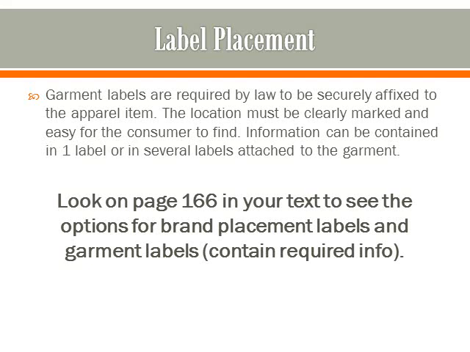So you'll see brand placement labels typically on the back of the neck that will have, oh, this is Nike size small. And then the garment label, which is the required information, usually in the side seam, which will say fiber content, RN number, washing instructions, etc.